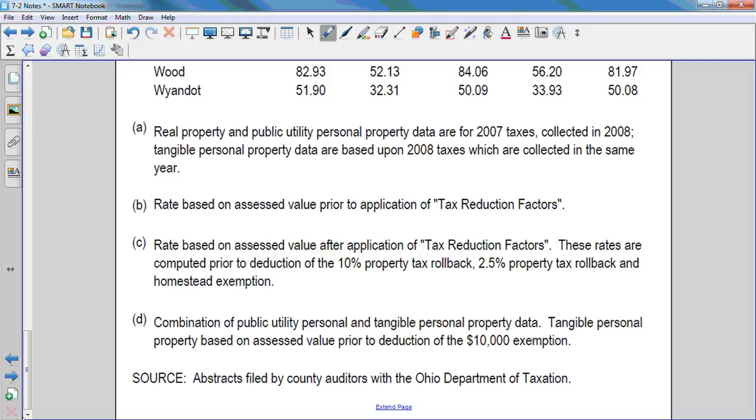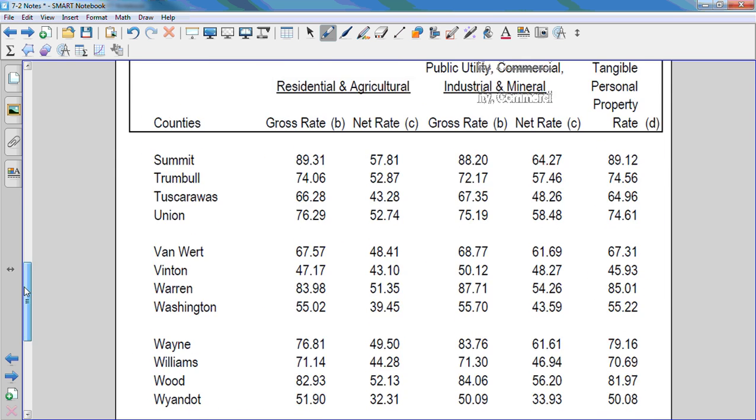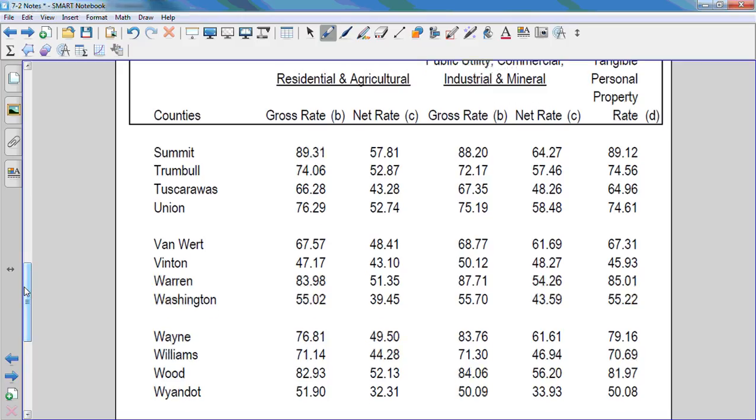These rates are computed prior to deduction of the 10% property tax rollback, 2.5% property tax rollback, and homestead exemption. Basically it's just tax breaks that you get. If you get tax breaks, the government says we're going to give tax breaks on property tax. So part C is probably your actual rate. So where's Delaware County? It's 43.28 mils.